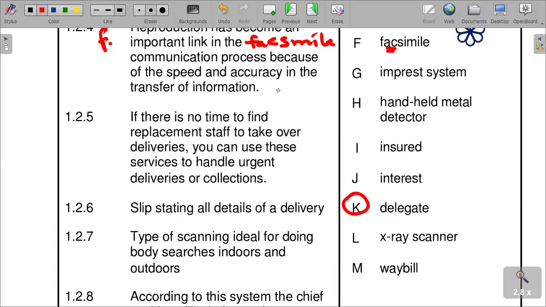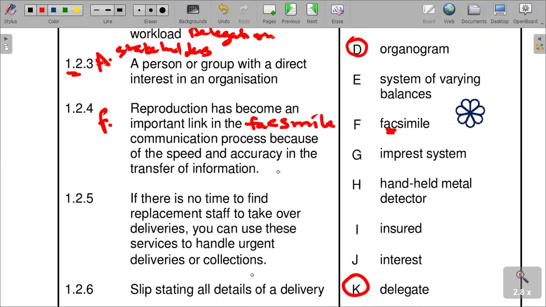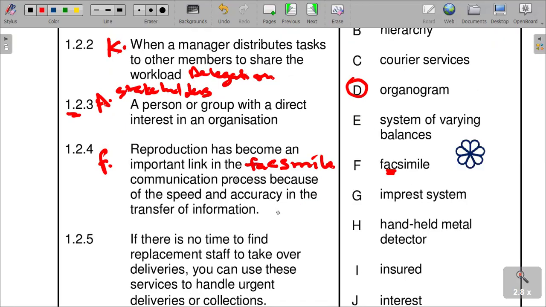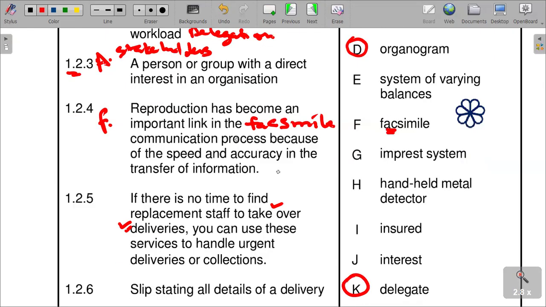What can be used when there is no time to find replacement? Number 2.5, if there is no time to find replacement staff to take over deliveries, you can use these services to handle agent deliveries or collections.